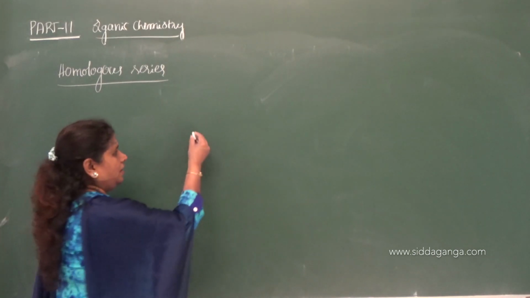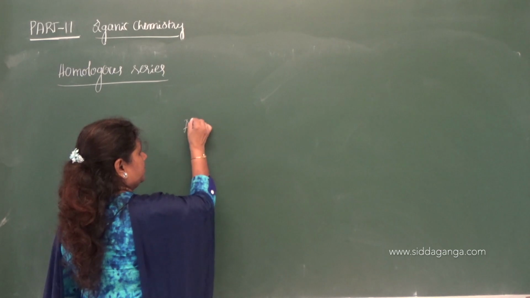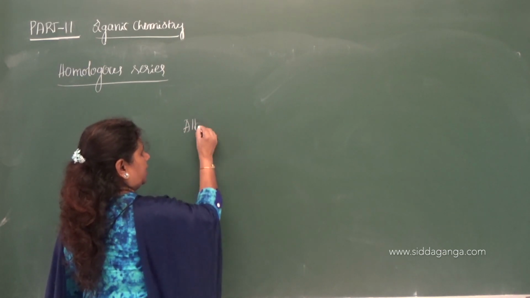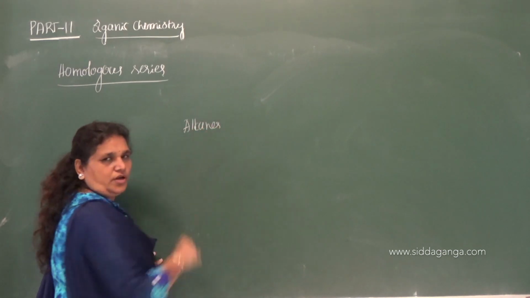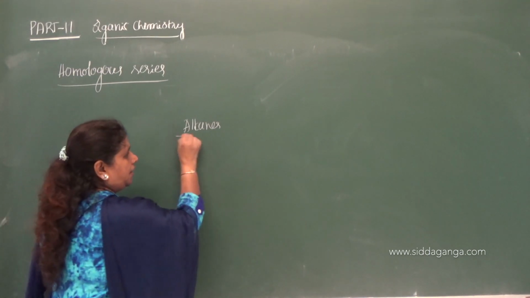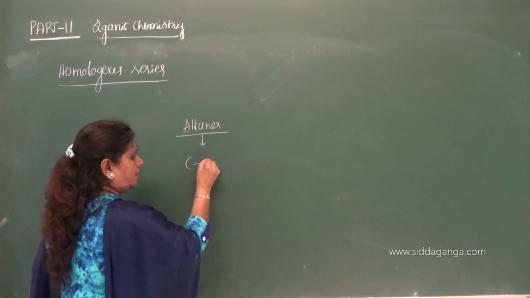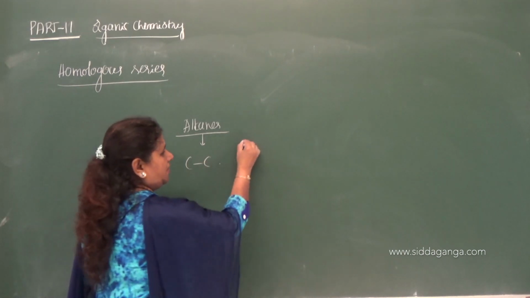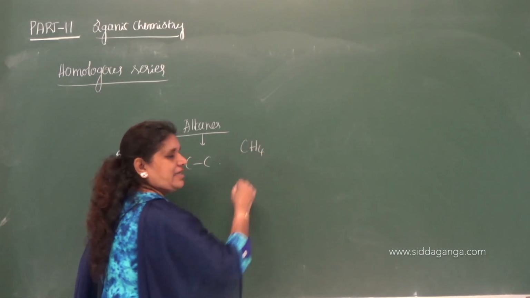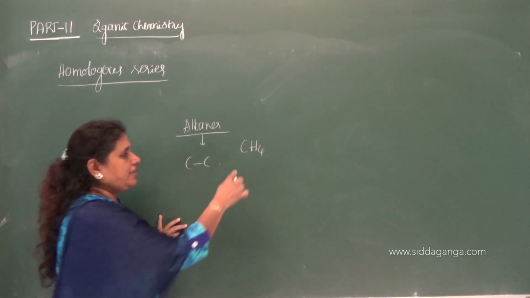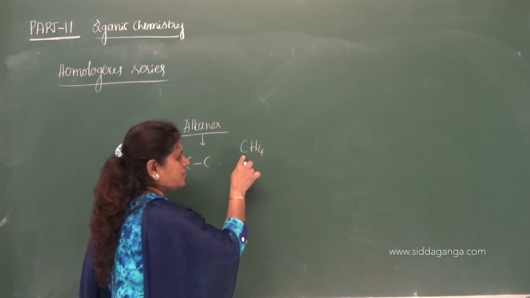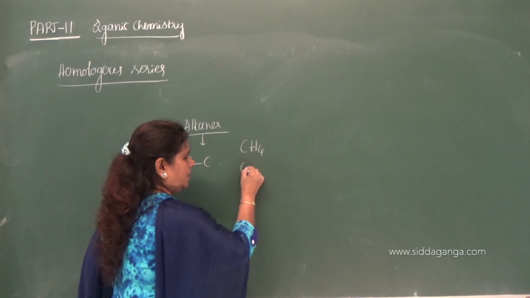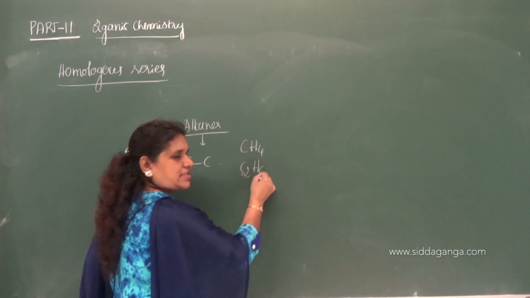For example, consider alkanes here. Alkanes contain carbon-to-carbon single sigma bonds. The first member of the alkanes is CH4. The second member: increase one carbon and you get C2H6.